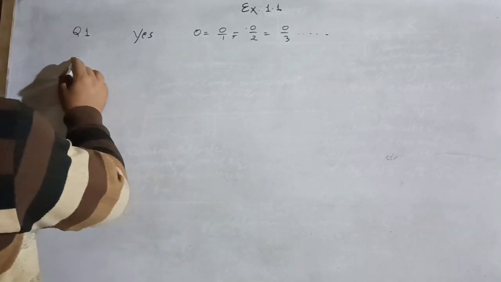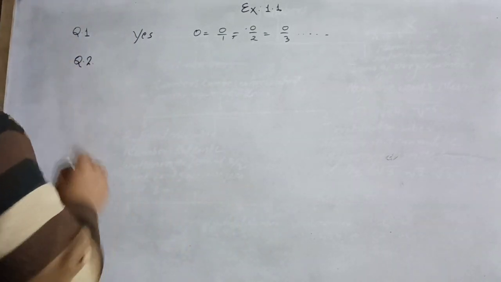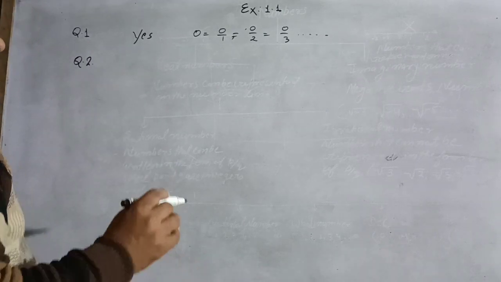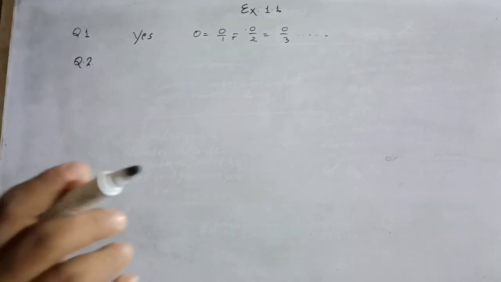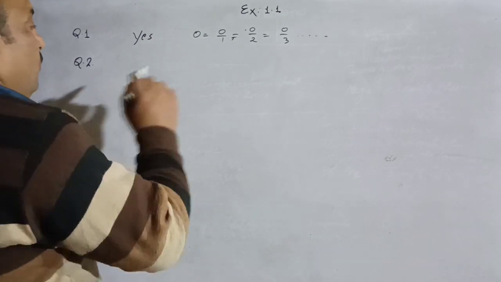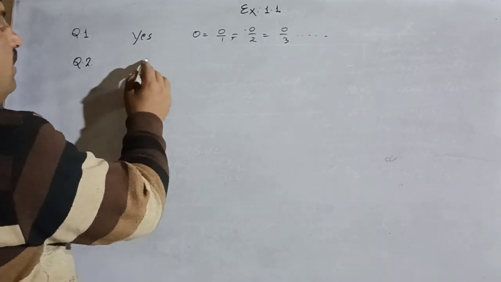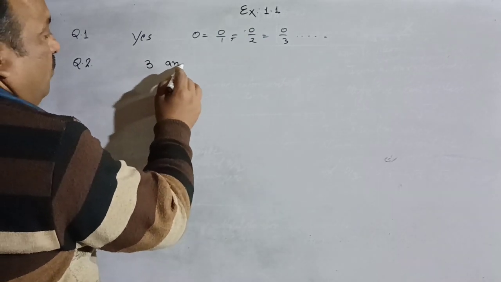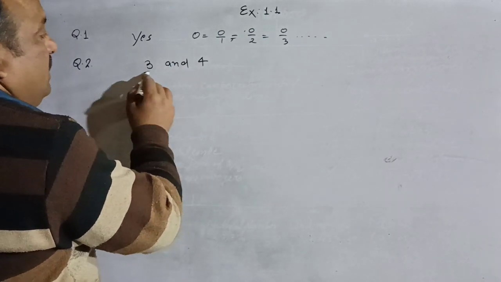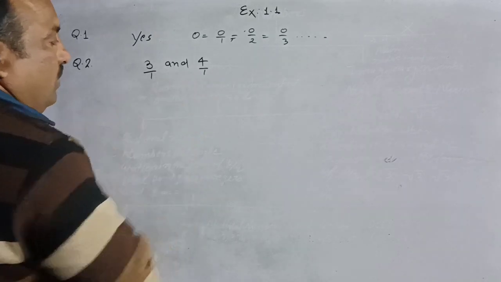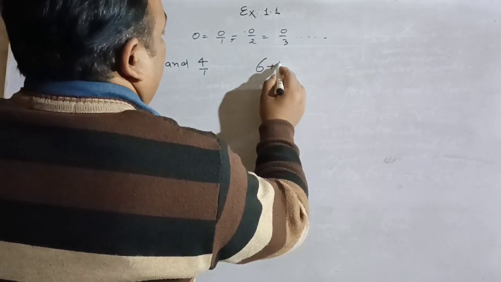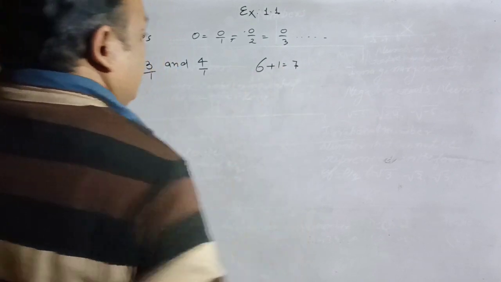Question number 2: Find six rational numbers between 3 and 4. We write the numbers 3 and 4 as 3 upon 1 and 4 upon 1. To find 6 rational numbers, we multiply numerator and denominator by 7, that is 6 plus 1.